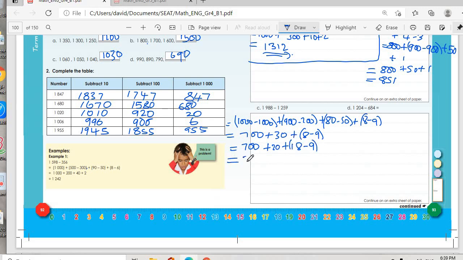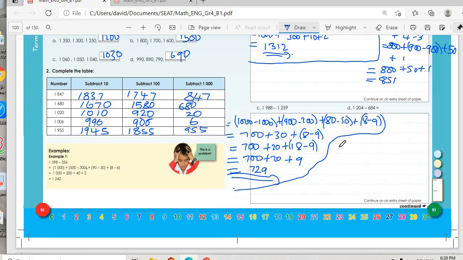So now we have 700 plus 20 plus 9. And the answer will be 729. We are done there. That's your final answer. Okay, 729. So I'll put a demarcation there.